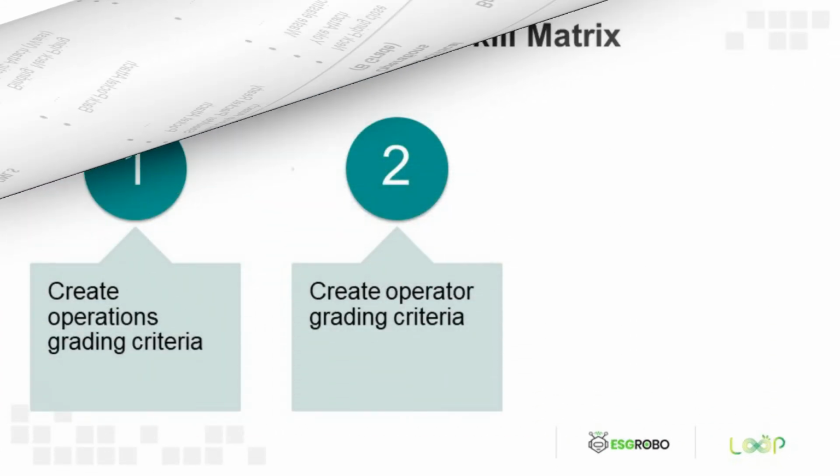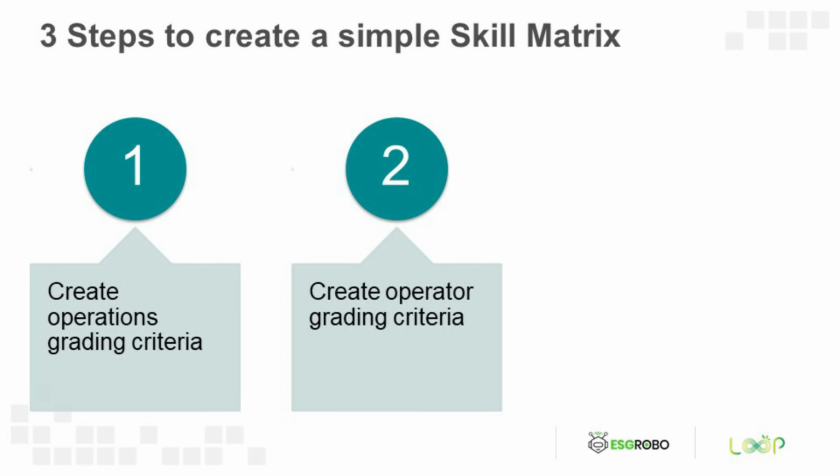Once we have done that, the next step is to define a mechanism to grade the operators against those operations. What we did earlier was develop a mechanism to grade each of the operations. Now each operator will be proficient in multiple such operations.